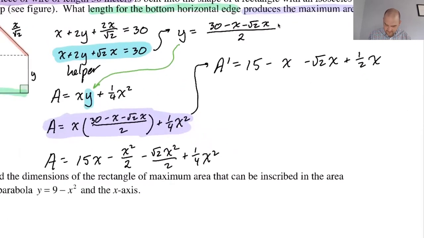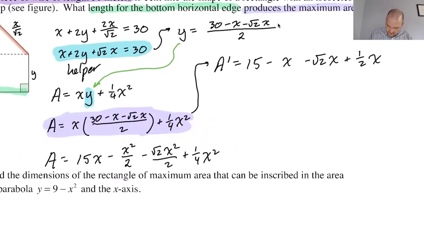Now what should we do? We just need to know when A prime equals 0. A prime equals 0 gives me x equals -15 divided by -1/2 minus √2.